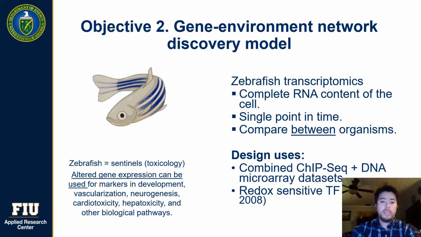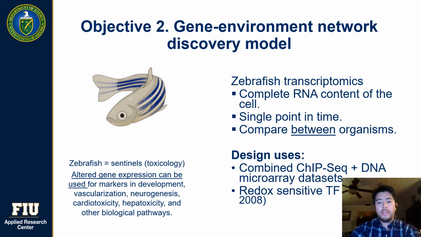It's important because transcriptomics are really good in that they account for the complete RNA content of the cell. They can be used at a single point in time, in which concentration can be looked into at different time points. And we are able to compare between different organisms such as humans and mice and other species.